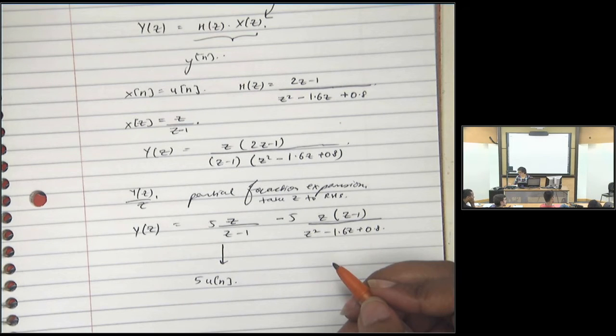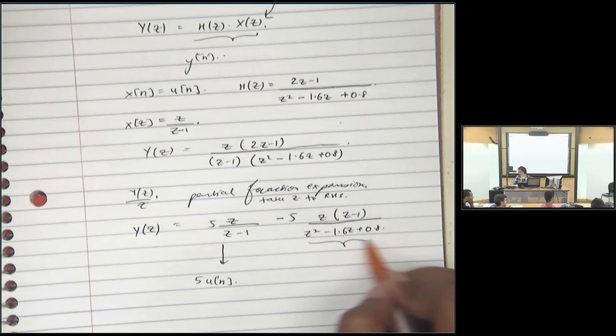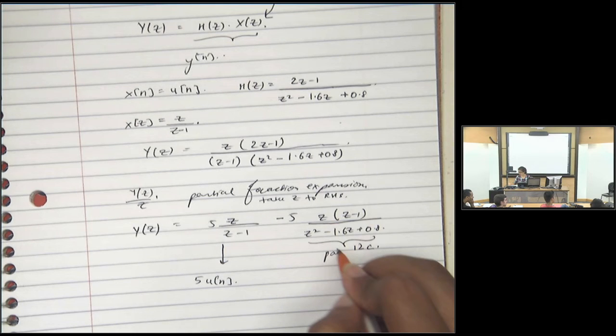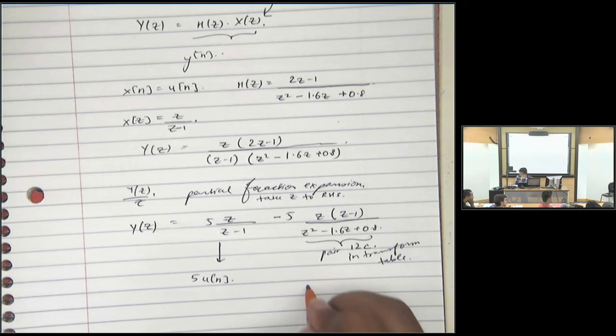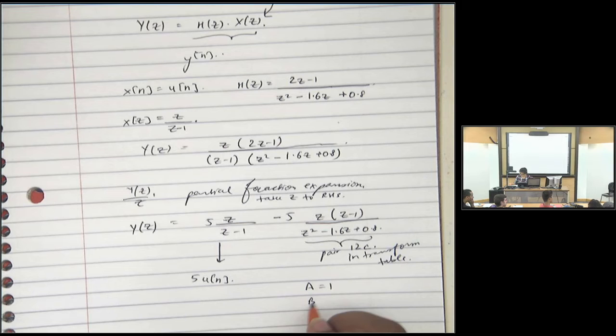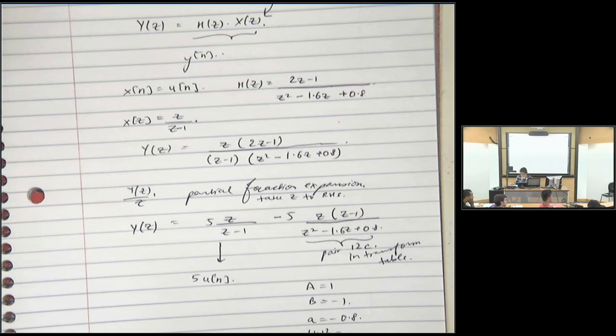Okay. So this is again similar to the pair 12C in the transform table. So capital A is 1, B is minus 1, small a is minus 0.8, and mod gamma squared is 0.8.